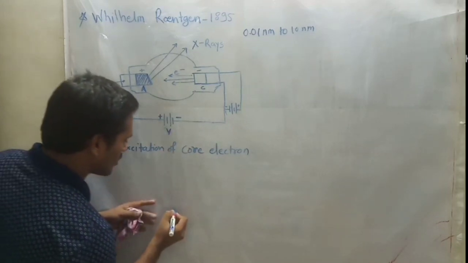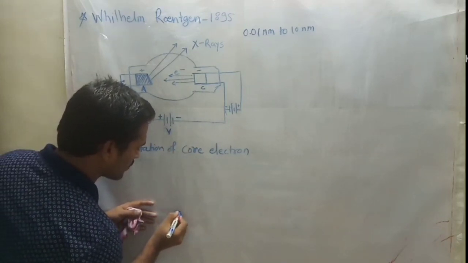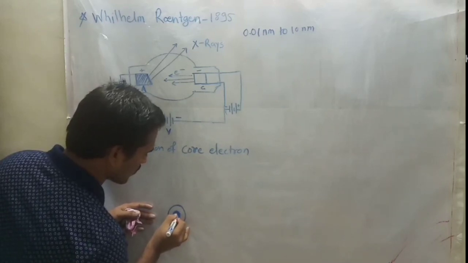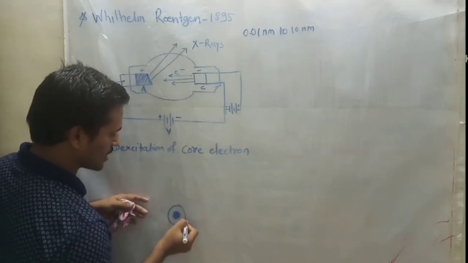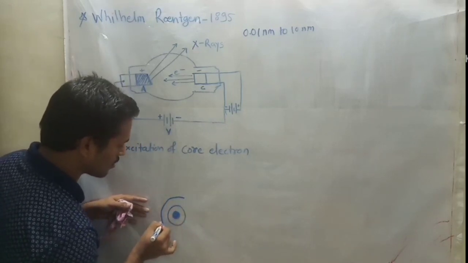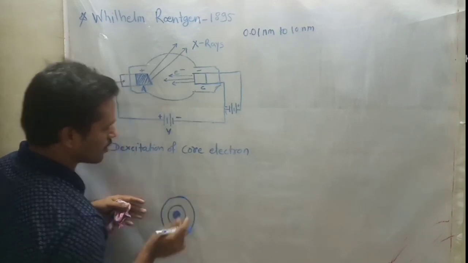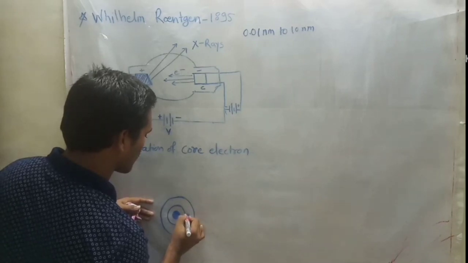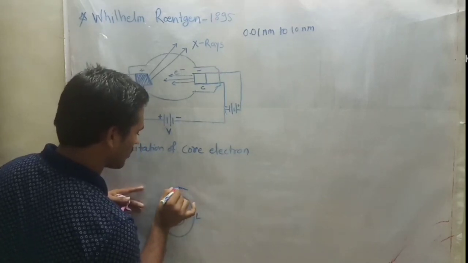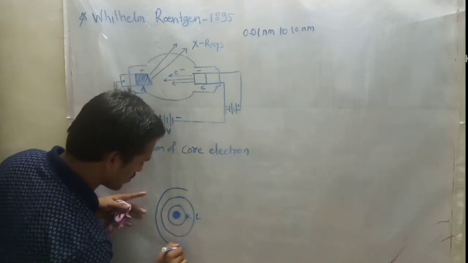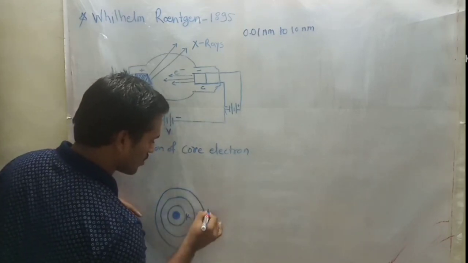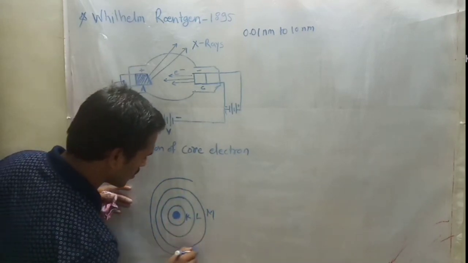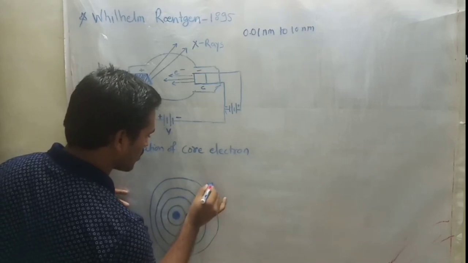That is, if we consider an atom, this is a nucleus, this is the K shell, L shell, M shell, N shell.